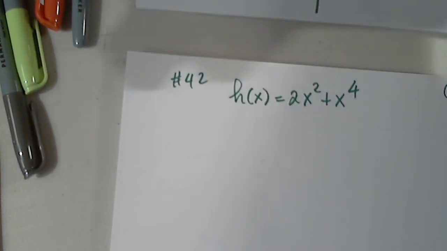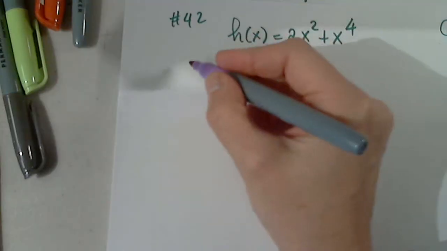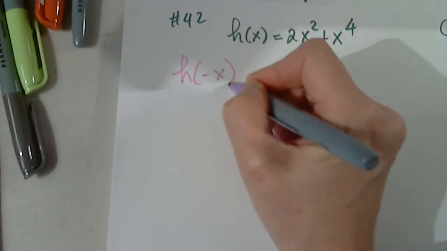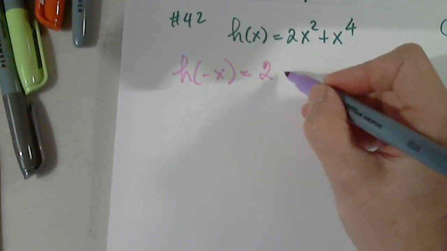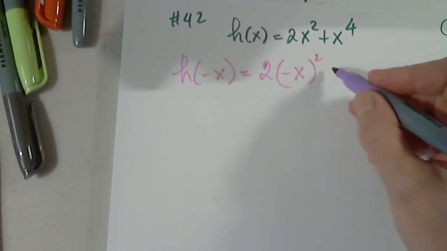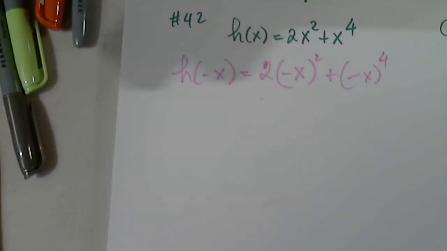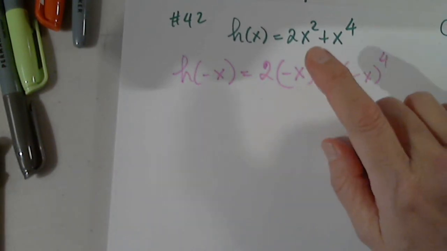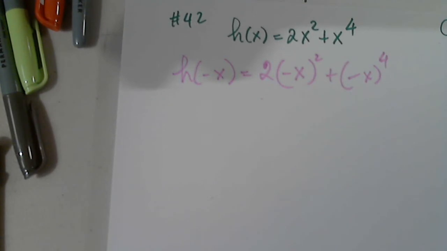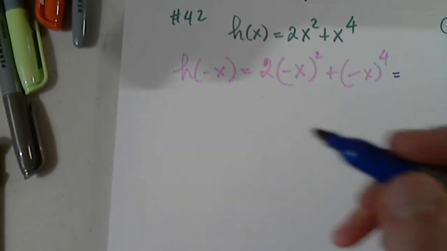And last time we reviewed how to evaluate functions, so I will determine h of negative x by replacing carefully x by negative x everywhere. Simplifying this to the maximum, how much is negative x squared? Can anyone help with negative x squared?